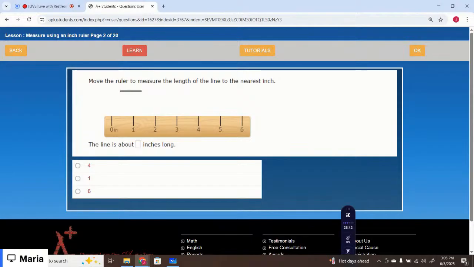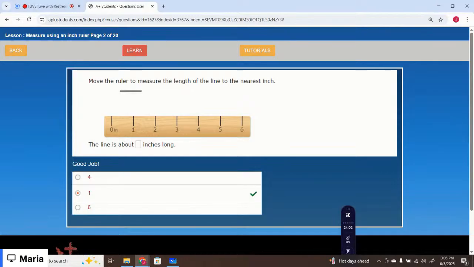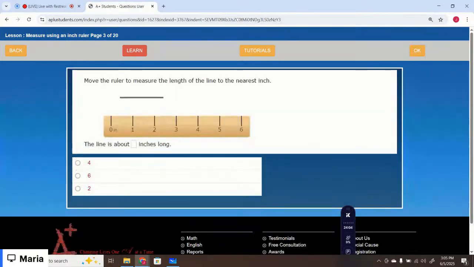Move the ruler to measure the length of the line to the nearest inch. That is 1 inch. Option number two is the correct option. Move the ruler to measure the length of the line to the nearest inch.